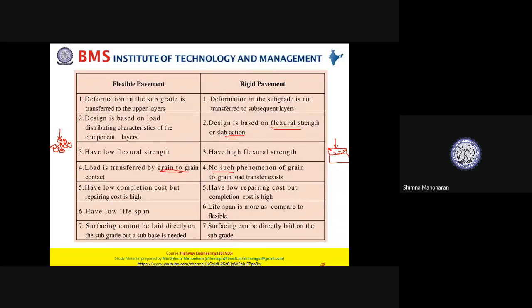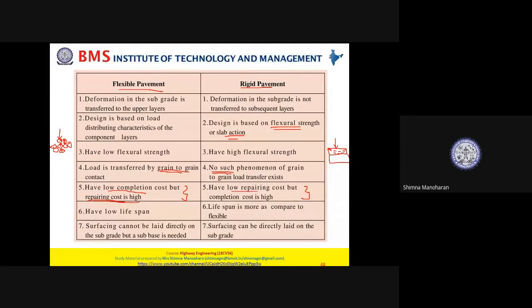Here, no such phenomenon. Then in flexible pavement the completion cost is less, but repairing cost is high. You might have seen how many potholes are happening on a flexible pavement and the rigid pavement. So in flexible pavement, the completion cost is comparatively less, but the repairing cost is high.